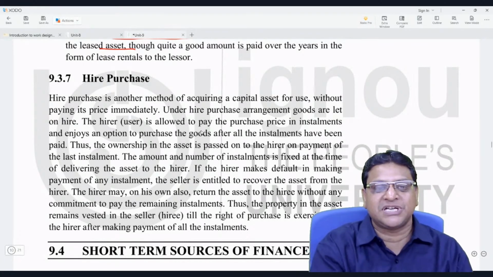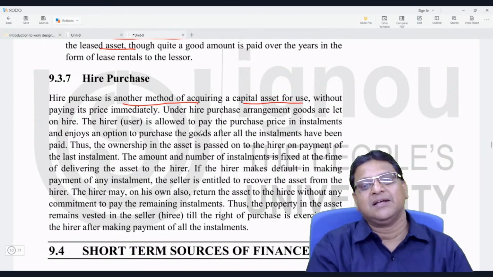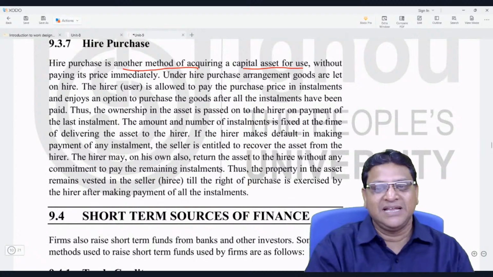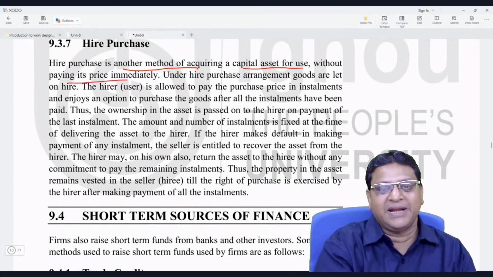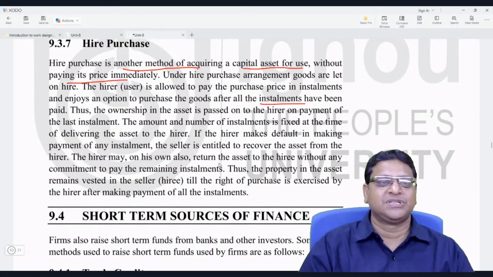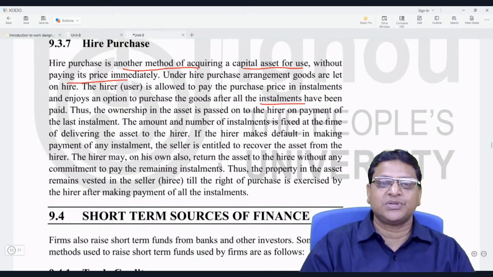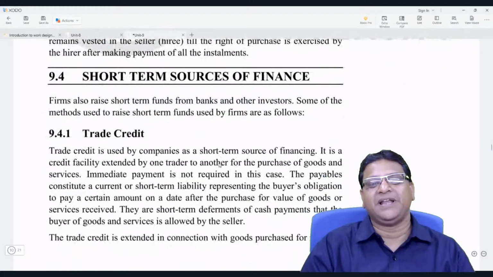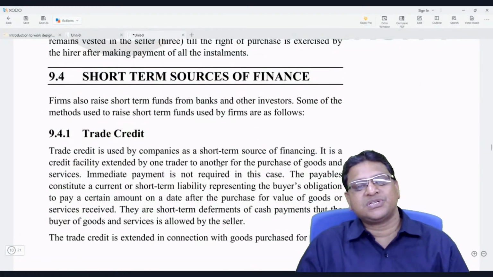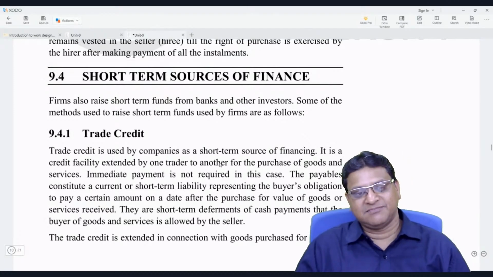Hence, hire purchase is another method of acquiring a capital asset for use without paying for it immediately. Here, the payments are made in installments. Okay, so these are different sources of long-term finance. Next, we will discuss different sources of short-term finance.